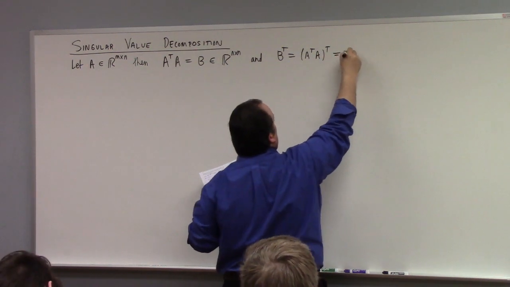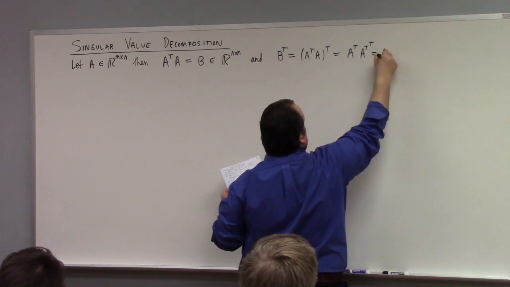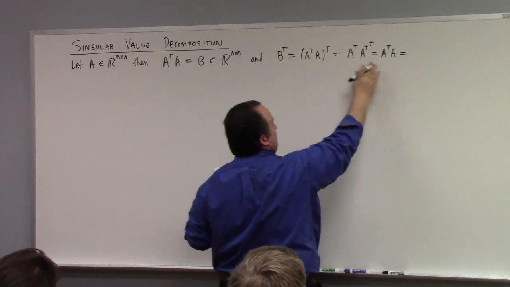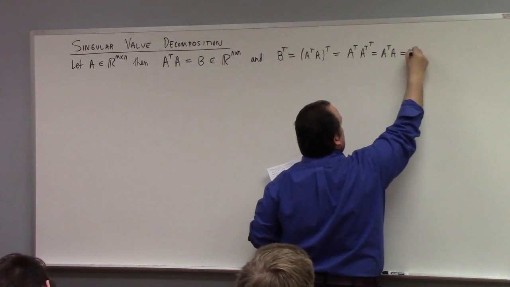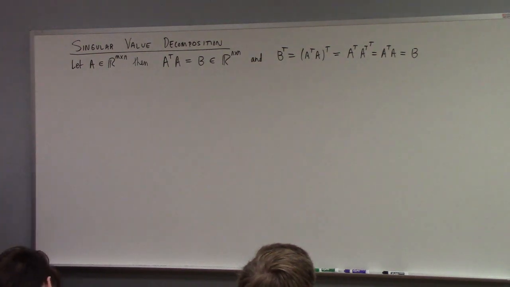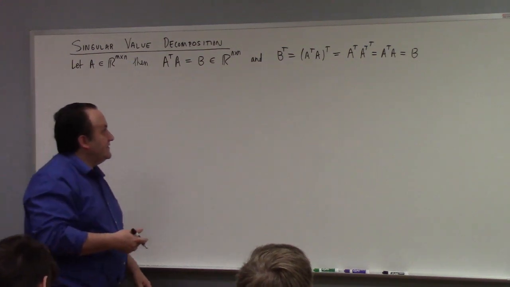What's the transpose of B equal to? B again. So B is a symmetric matrix, in fact an n by n symmetric matrix.